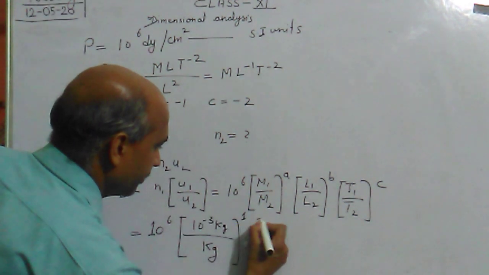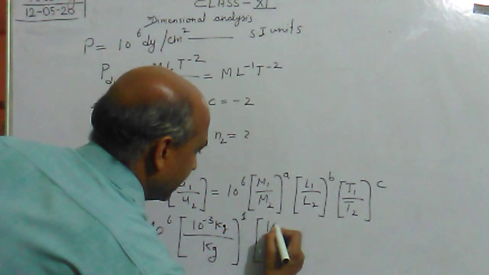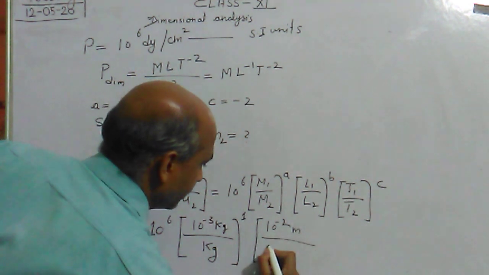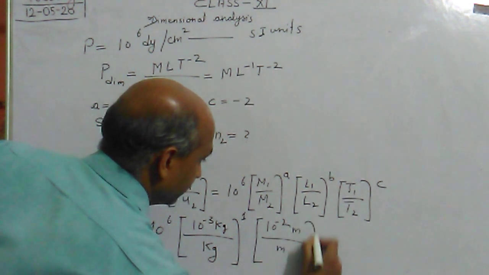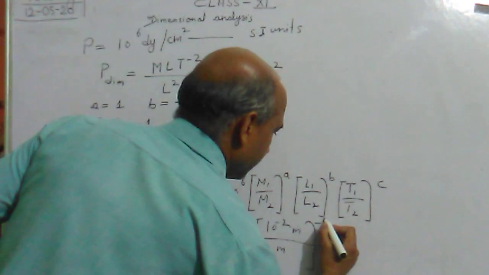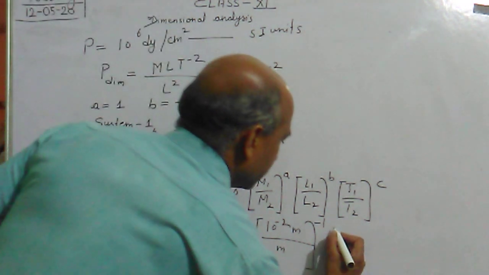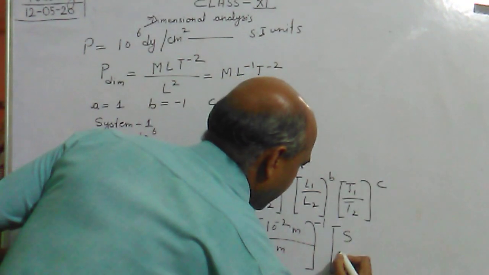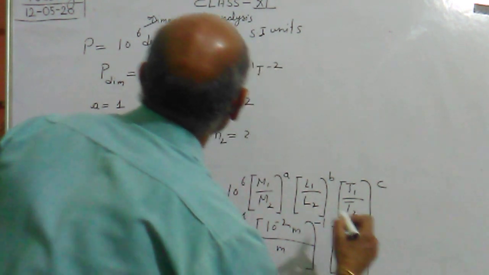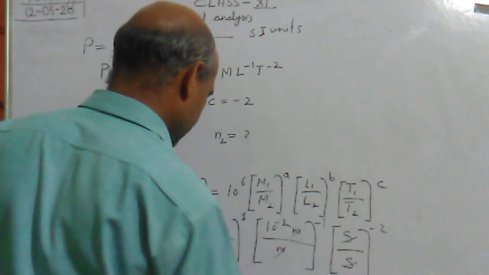So 1 लिख दो यहाँ पर. Then L1 upon L2 कितना हो जाएगा ये? 10 की पावर -2 मीटर upon मीटर. Power how much? The power is b, so it will be -1. Then we have T. So T में तो कोई फर्क नहीं पड़ रहा है. It is second. It is also second. So power is -2. So write -2 here. This gone, and this gone.